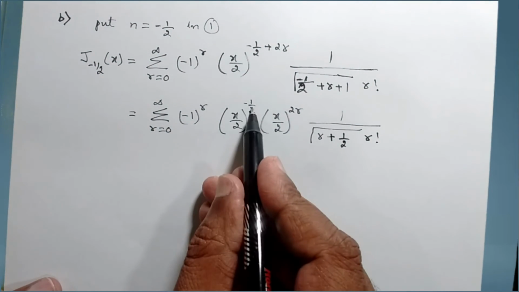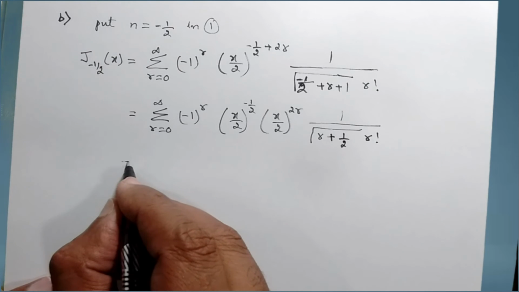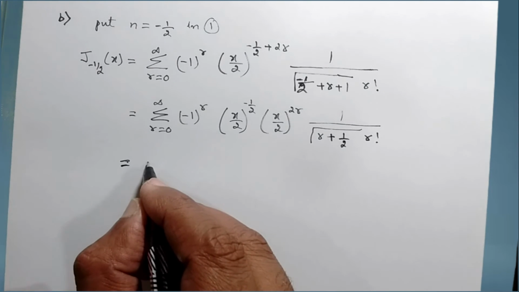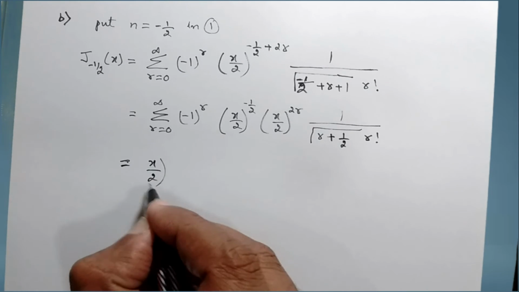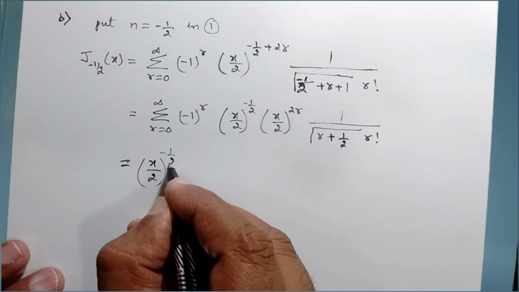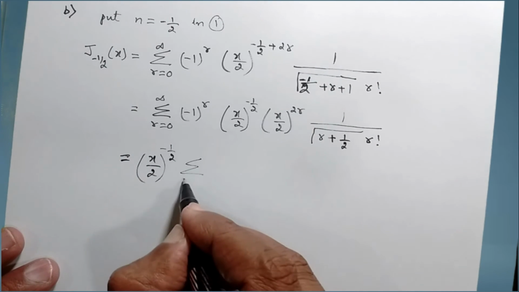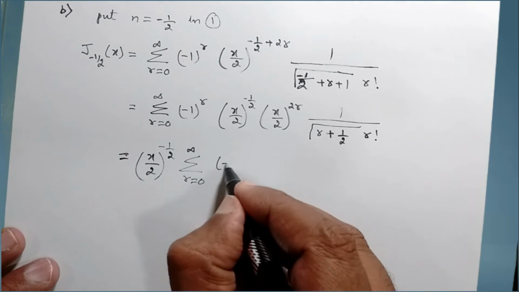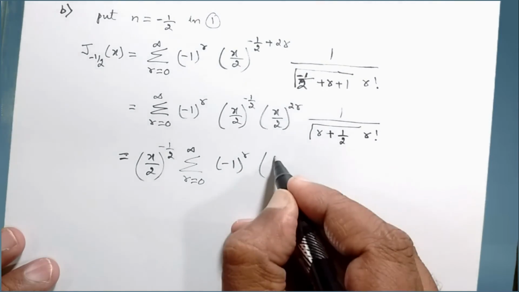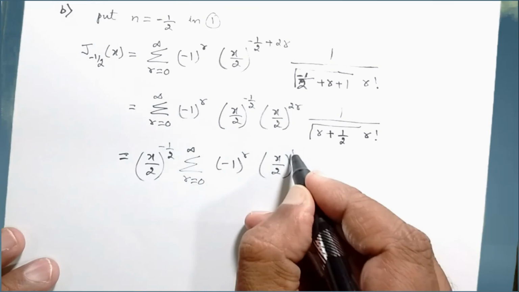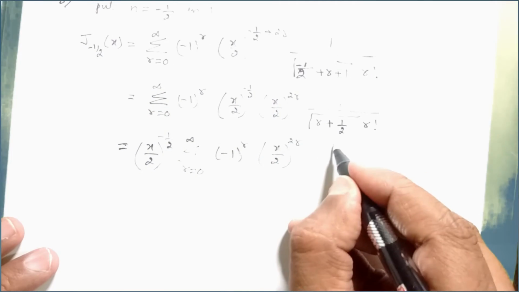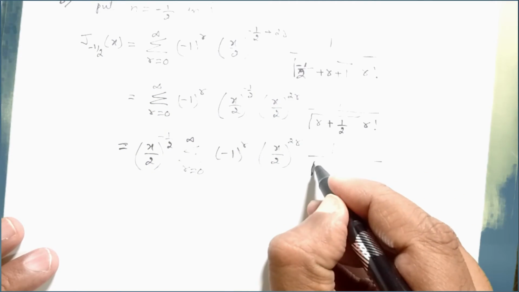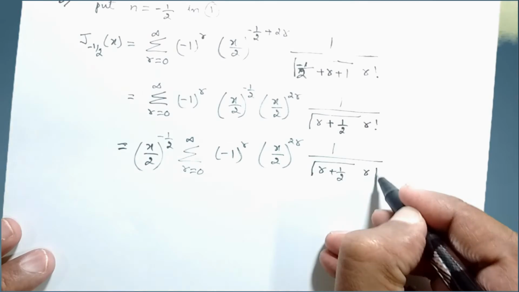So this x by 2 to the power of minus of half you can take outside. You will get summation of r is equal to 0 to infinity, minus 1 power of r into x by 2 to the power of 2r into 1 by gamma of r plus half into r factorial.